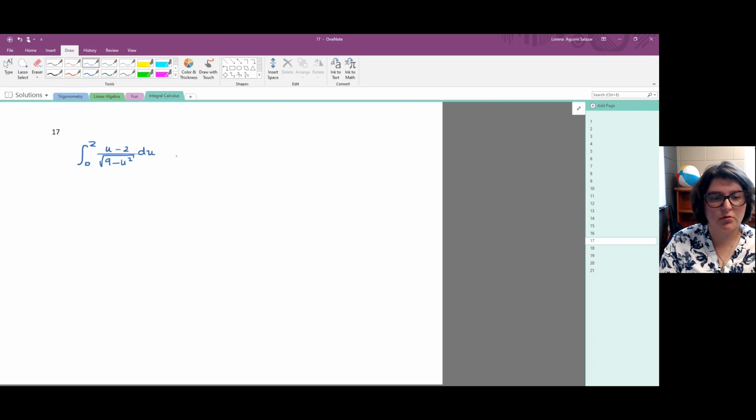To work with this integral, we use trigonometric substitution, because we have the root of a squared minus something squared.